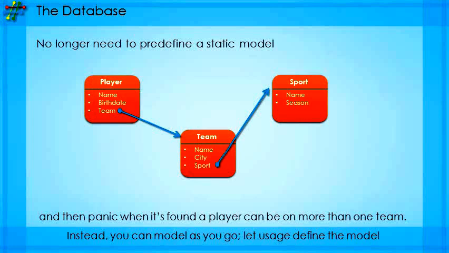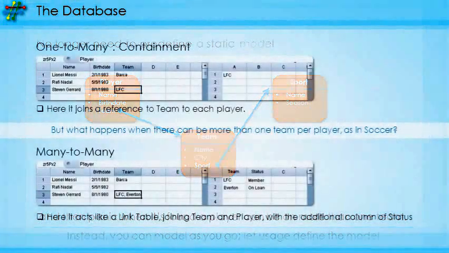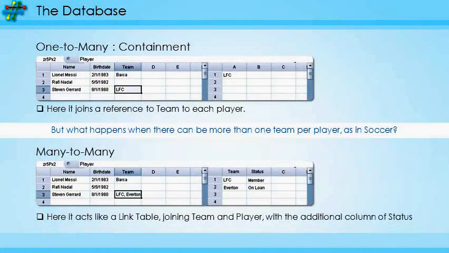Here you might say player, team, sport, and then find out later, in football you can have a player that's on more than one team. You panic, you have to create a link table, and modify and let the usage drive your data model. So for example, that same example, let's say we have Steven Gerrard on Liverpool LFC on his team, and he's been loaned out to Everton.